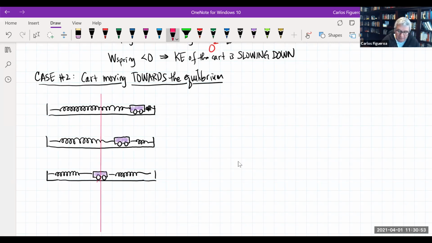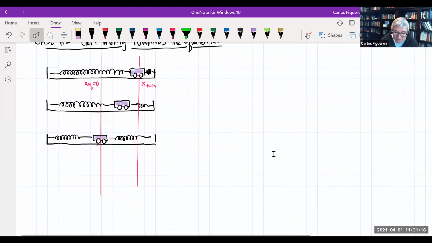There's my equilibrium point. Where's my turning point? This is my turning point right here. So here's my X equilibrium. Here's my X turn.